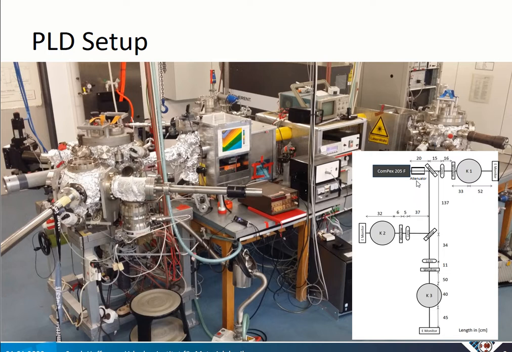And we have different mirror systems where we can then guide the beam through one of our deposition chambers. At every deposition chamber we have the possibility of monitoring the energy, and we have a lens installed there. We can focus the laser beam onto our targets.